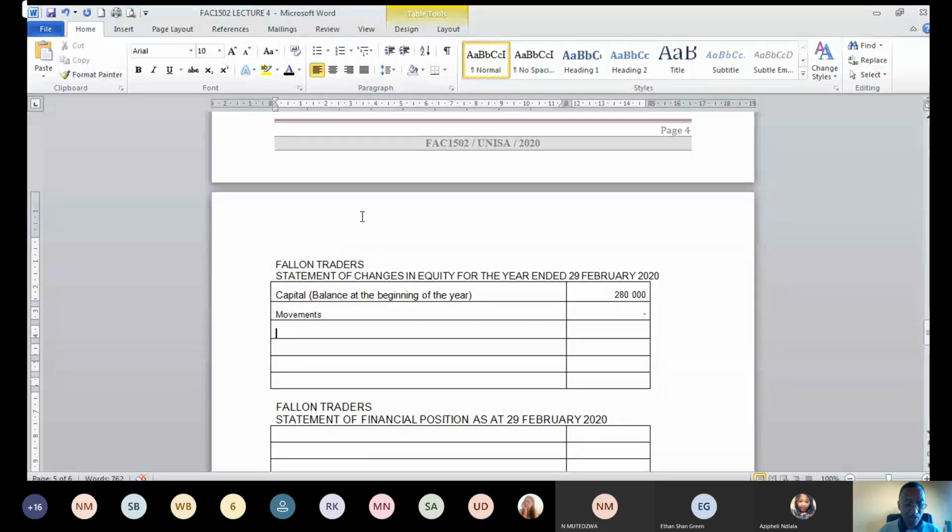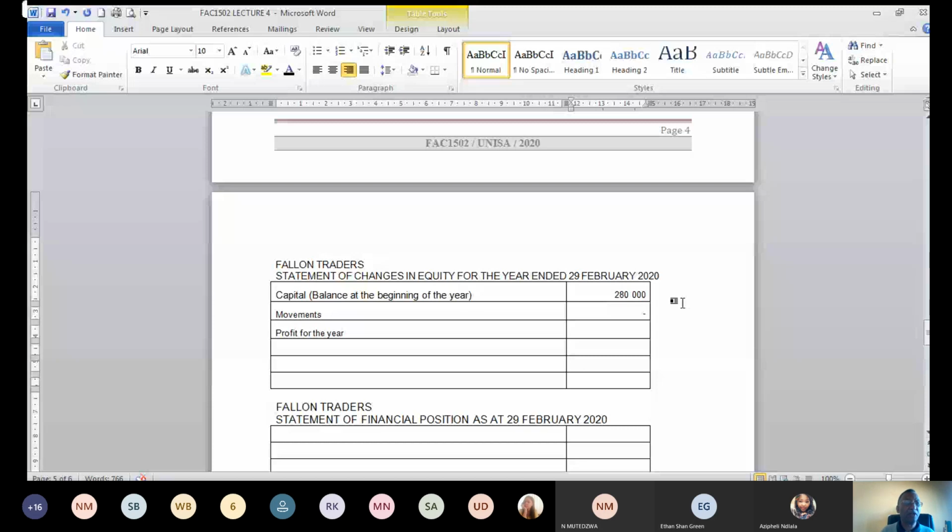Then you must bring into account the profit for the year. The profit for the year that we have calculated in the statement of profit and loss and other comprehensive income is coming from that statement, and that amounted to 51,800 rand.